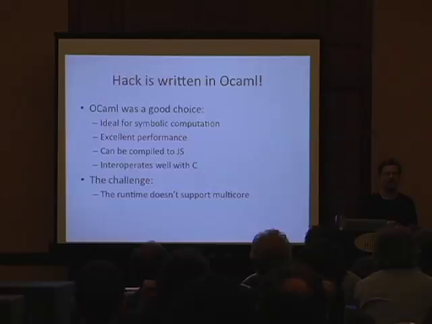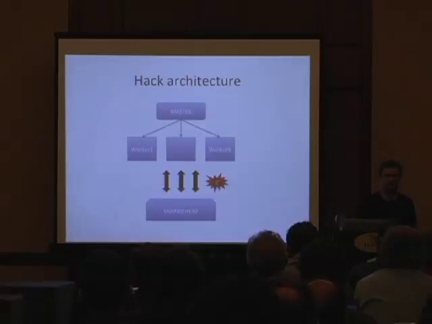There was one challenge, and I think you'll hear that a lot from those who program in OCaml, which is that there is no native support for multi-core in the OCaml runtime. But we managed to work around that pretty effectively, and we still use all the cores of the machine through this architecture. The architecture consists in having a master. The master knows where everything lives, where the data is and what needs to be done.